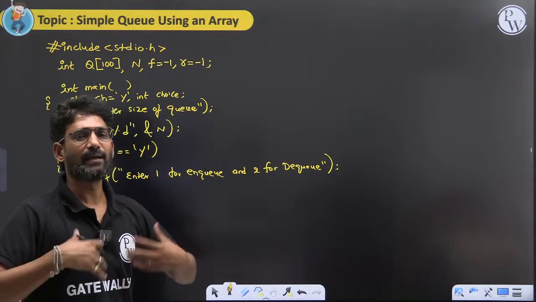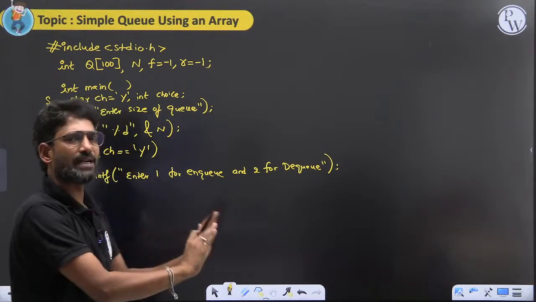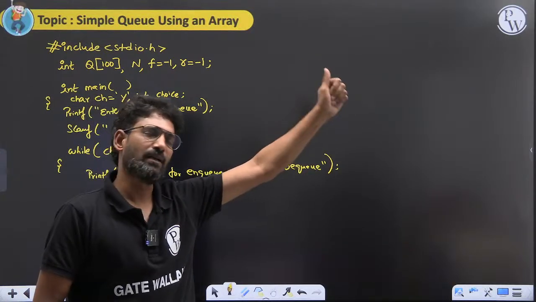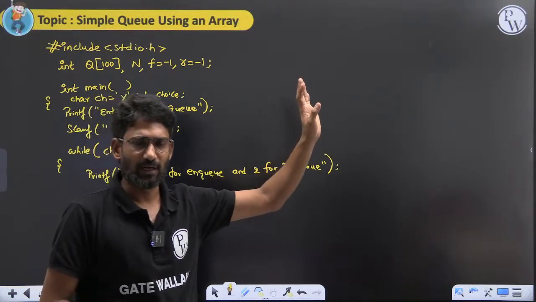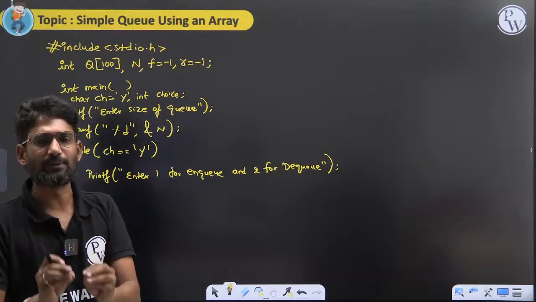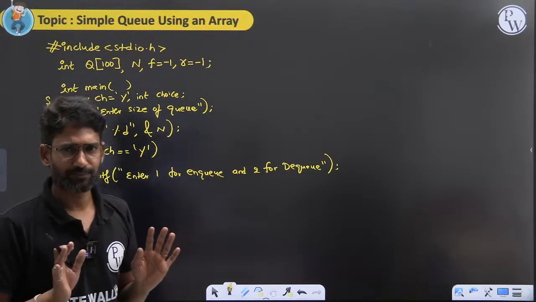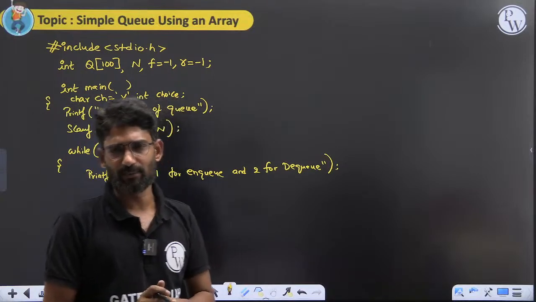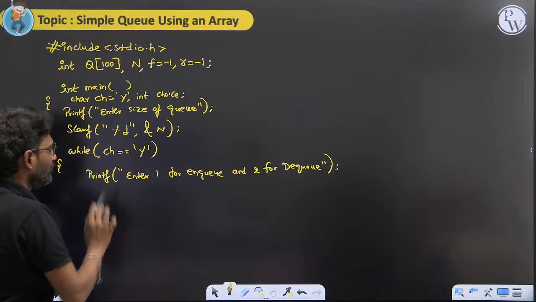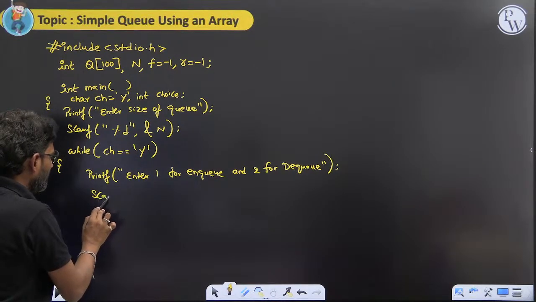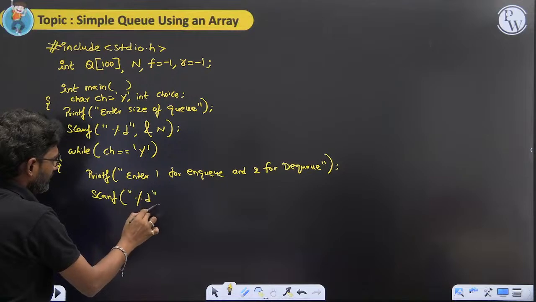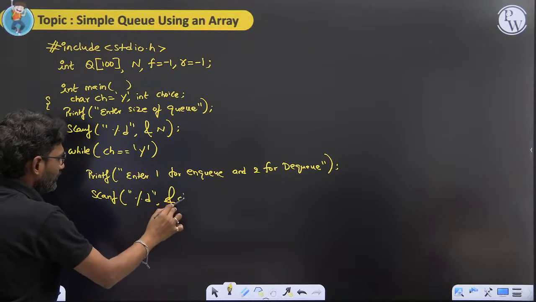Okay, as a beginner I am writing, as per my understanding I am writing. This may be sophisticated in many ways. I am aware of all those, but as a beginner if we write the code, how it will be? Still it works. Still insertion, deletions we will be able to do. Okay. So enter 1 for enqueue and 2 for dequeue. I am taking that input. Scan choice. What you want to do?